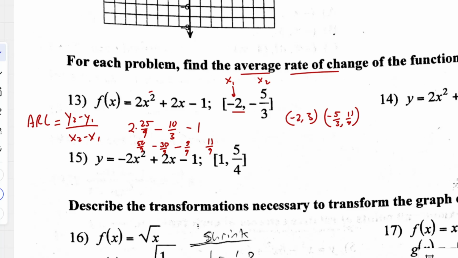And then when I plug it into the slope equation, let's see, it's y2 fractions minus y1, 3, x2 minus 2, so plus 2. And to solve this, I need to get a common denominator, top and bottom.